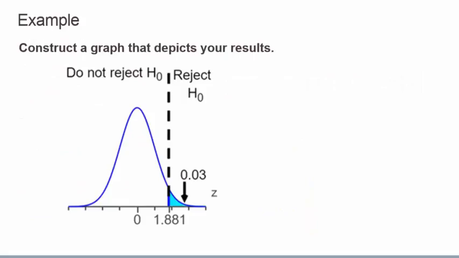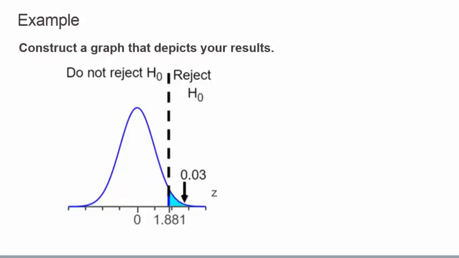Construct a graph that depicts your results. So we have our normal distribution with the z-score of 1.881 marked and an area of 0.03 marked.